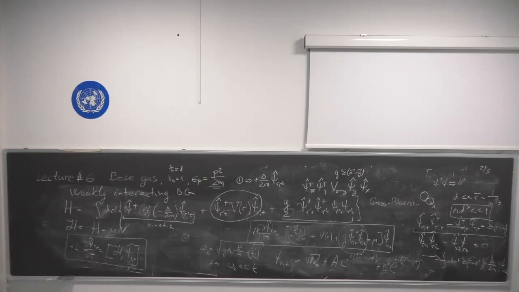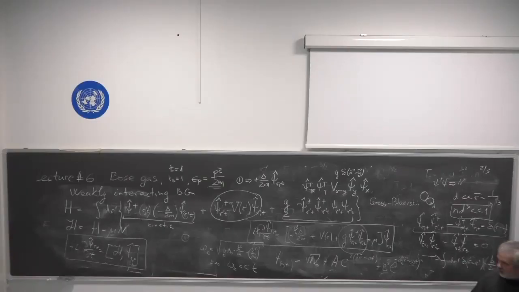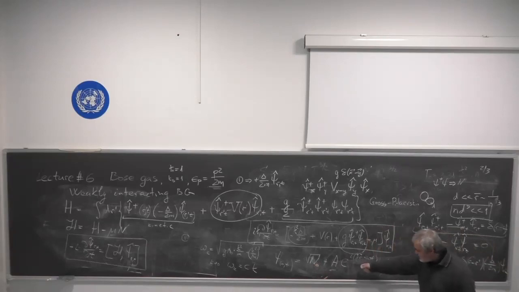I'm relying upon the fact that N and N_0 are macroscopically large numbers. So this is, in a sense, a classical limit. So, in a sense, this is the classical condensate, and these are fluctuations around this classical solution. And for the fluctuations, I use plane wave fluctuations because the effects of interactions are big. So I plug it in here.